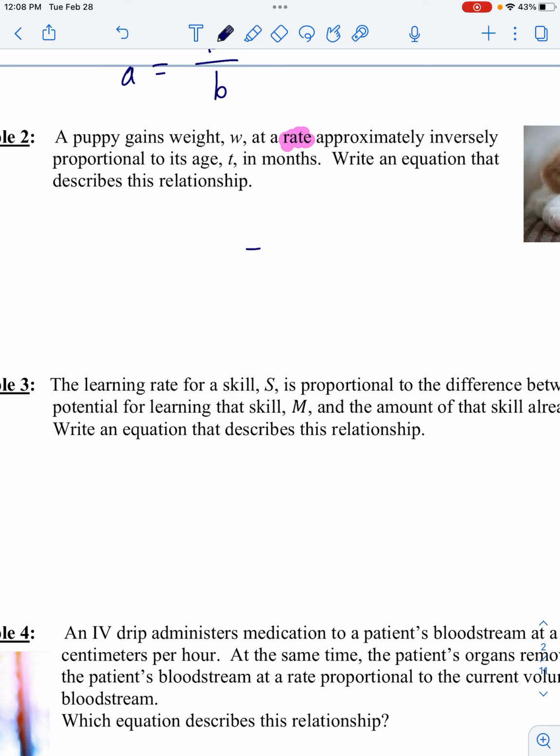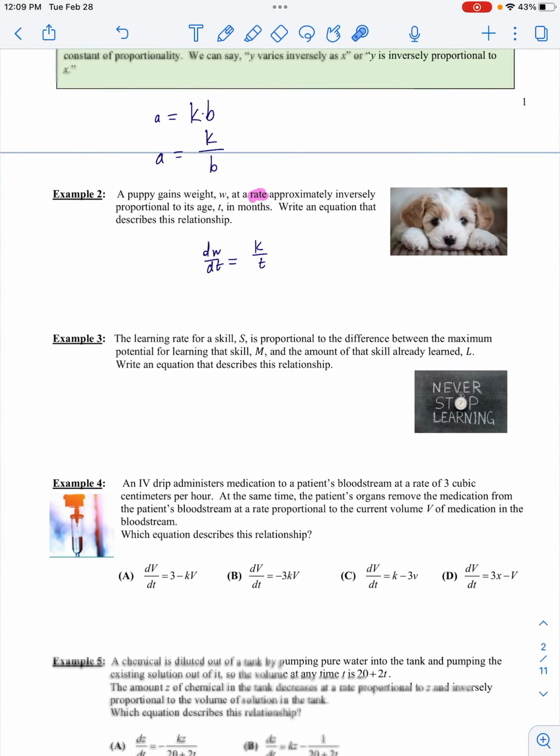So it's going to be some k divided by t, and instead of writing w on the left, I'm going to write the first derivative of w, because this paragraph doesn't describe the weight, it describes the rate. So we need the first derivative on the left.